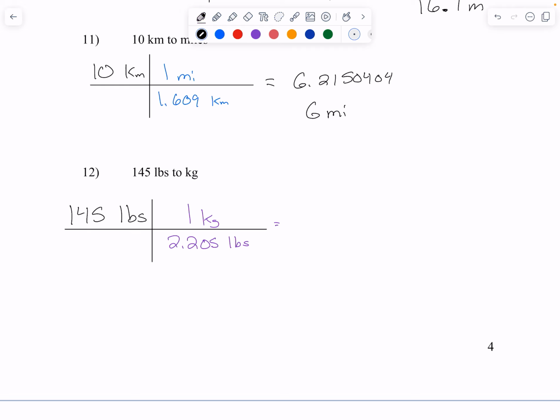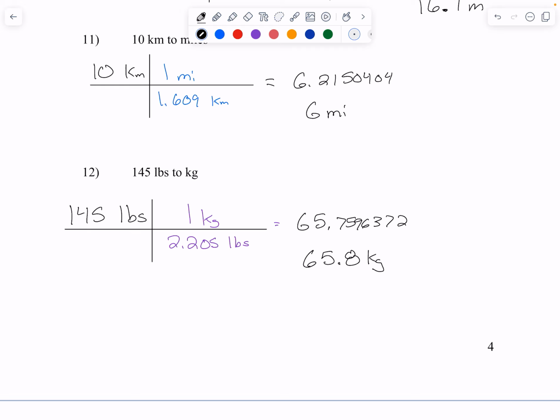All right, so I get 65.7596372. Well, that's a lot. I got 3 sig figs, 145, and so I get to keep 3, 6, 5, the 7, and that's a 5, so 65.8 kilograms.